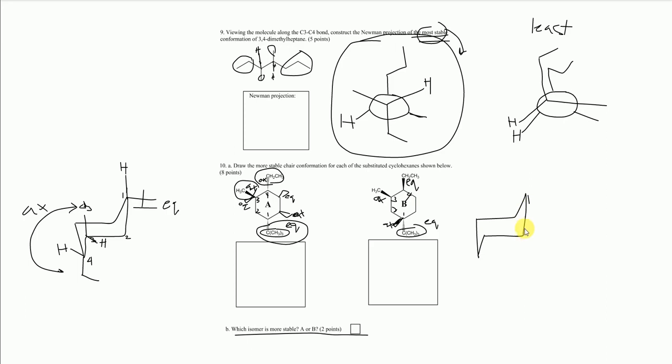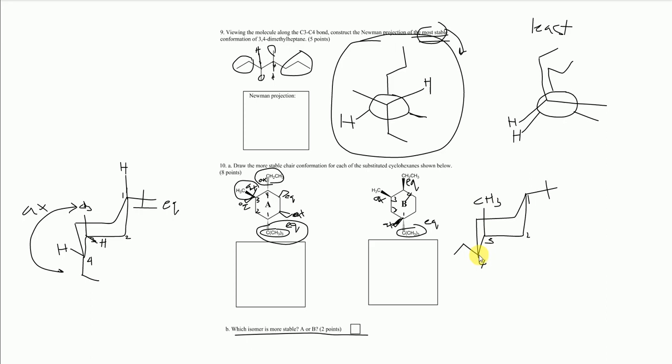So 1, I have my T-butyl group, all right? 3, I have this on axial, still on axial. And same thing as before too. So this is CH3 group. But now on 4, I have this group on equatorial, okay?